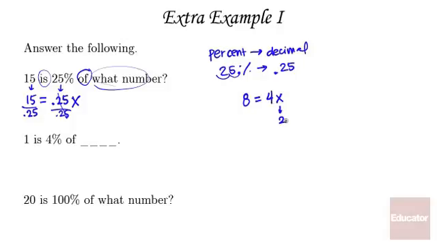In the same way, I can just divide this number by this number. Divide this by 4, divide this by 4, then 8 divided by 4 is 2. That gives me 2 equals x. So here, 15 divided by 0.25, I need to actually solve that out in order to find x.